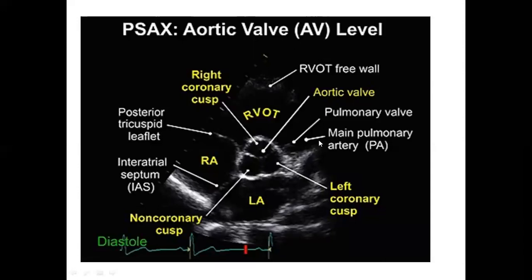So what else should we do? Not only can we make B mode study of the heart, but we actually can try to make color Doppler to understand how blood is moving on the right heart.